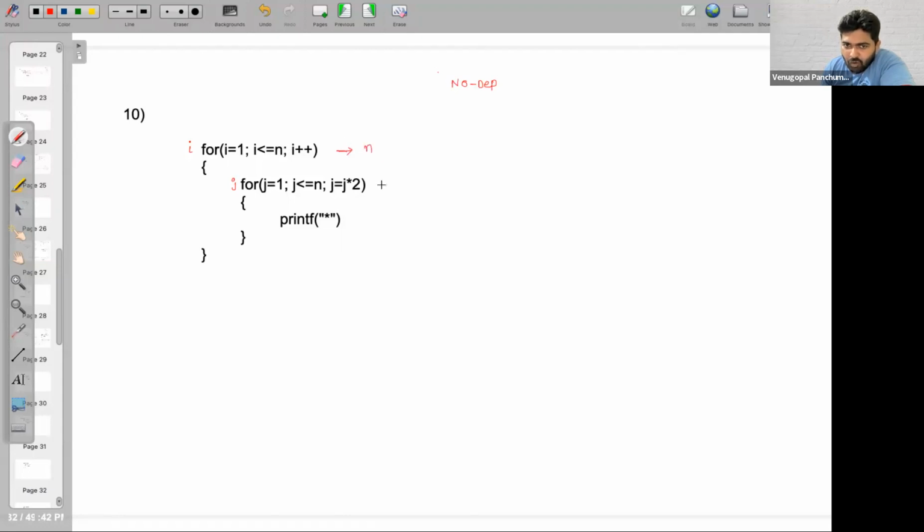J is equal to 1, you are going till n, but every time you multiply by 2, which is a standard log n template. Correct? This is a log n base 2 template. If there is no dependency, you simply multiply. So n into log n, which is order of n log n.